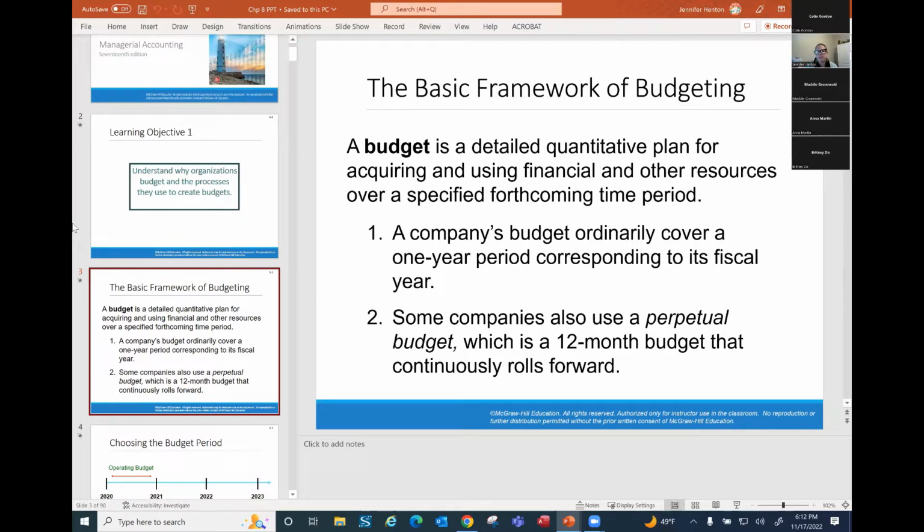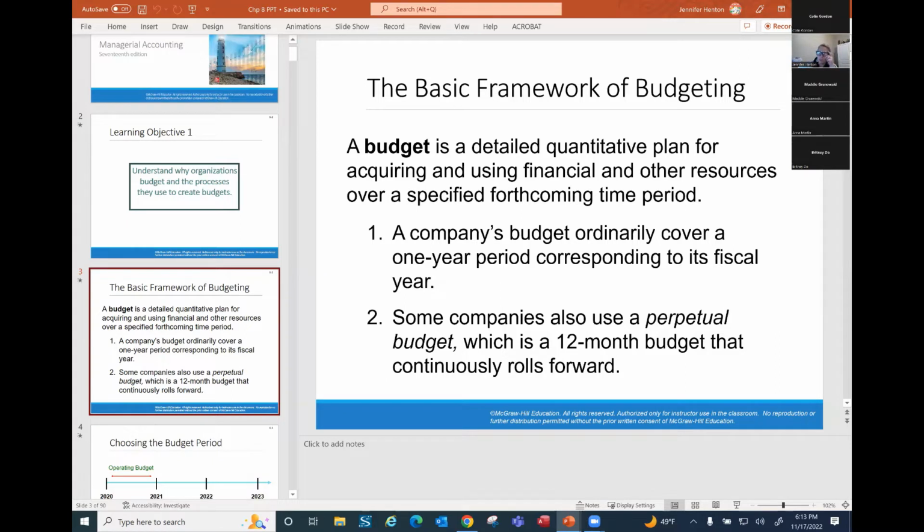So the budget is a detailed quantitative plan for acquiring and using financial and other resources over a specified forthcoming time period. So ordinarily we talk about that fiscal year, 12 months. It can be a calendar year, or it can be the fiscal year, but 12 months is usually the period.